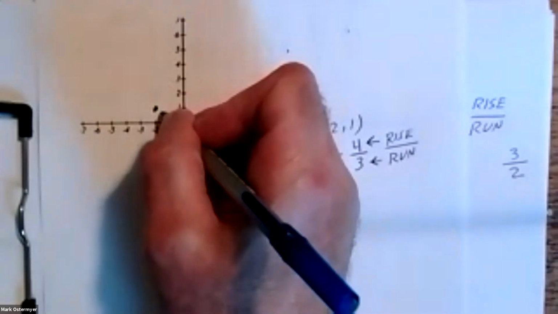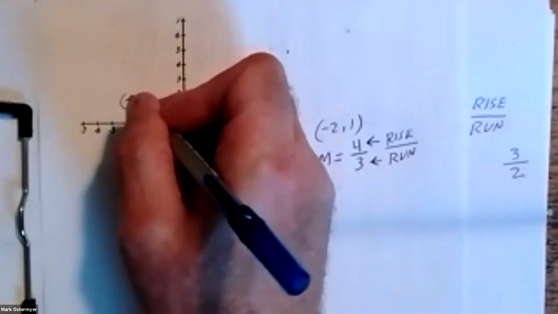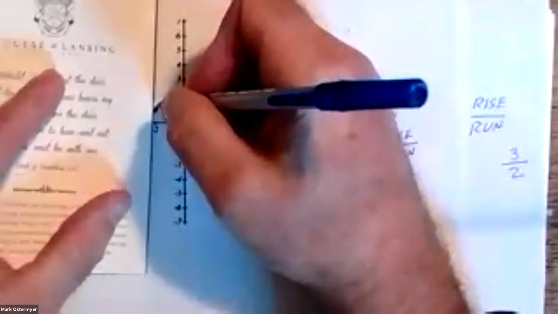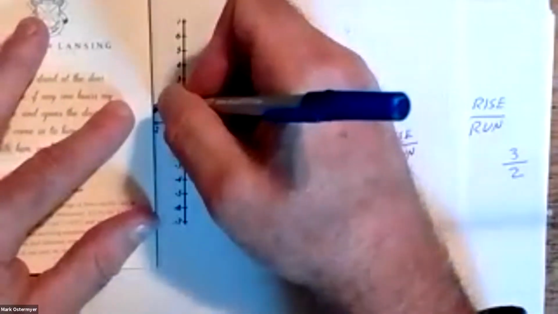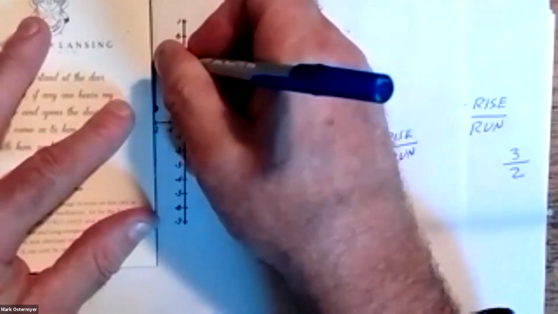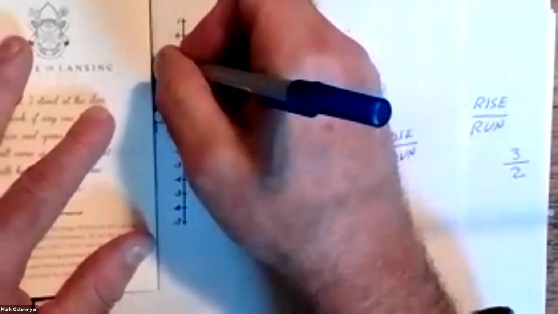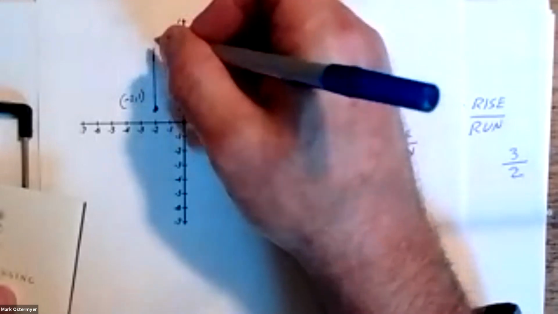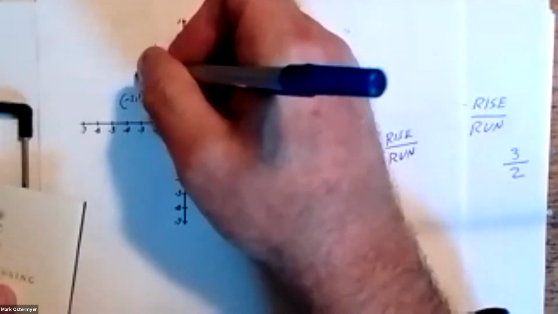If I start at the point -2, 1 right here, if I go up 4 units, 4 positive units of rise, 1, 2, 3, 4.